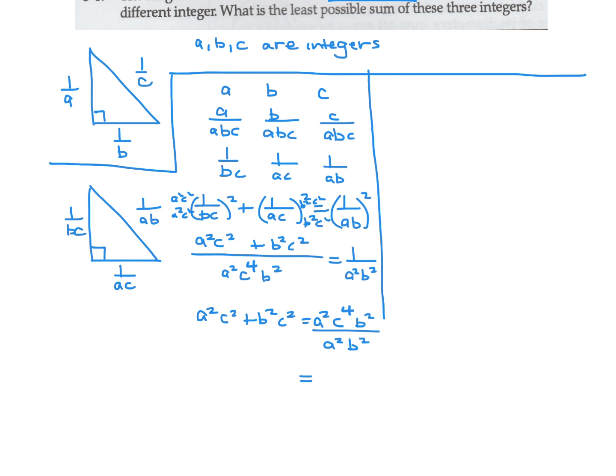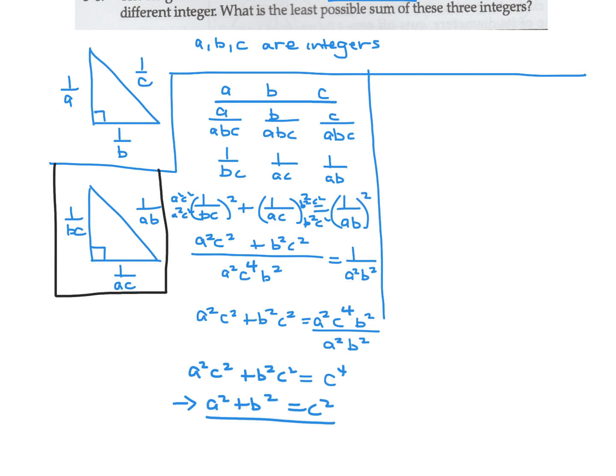So then the A squareds cancel, and this becomes C to the power of 4, not C squared. I don't know why I keep doing that. Maybe there are just too many 2's and I'm getting confused. Okay, so that's what we come down to. And then when you get rid of all the C squared, you get A squared plus B squared is equal to C squared. Aha. So that means that if I start with 3 integers, those three integers satisfy a Pythagorean relationship in order for this to hold true.